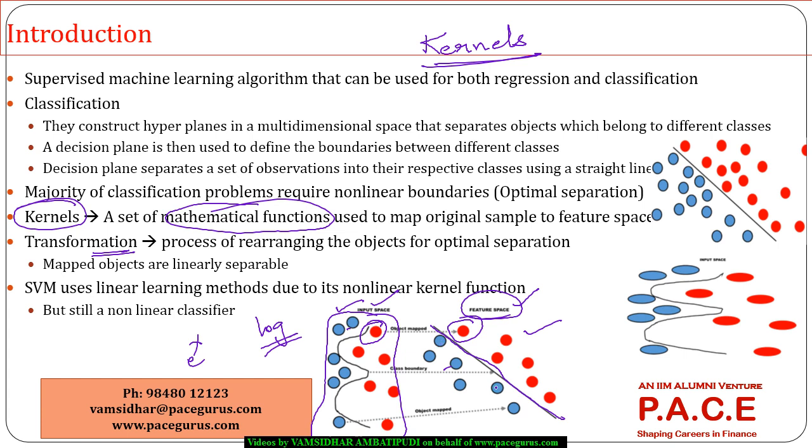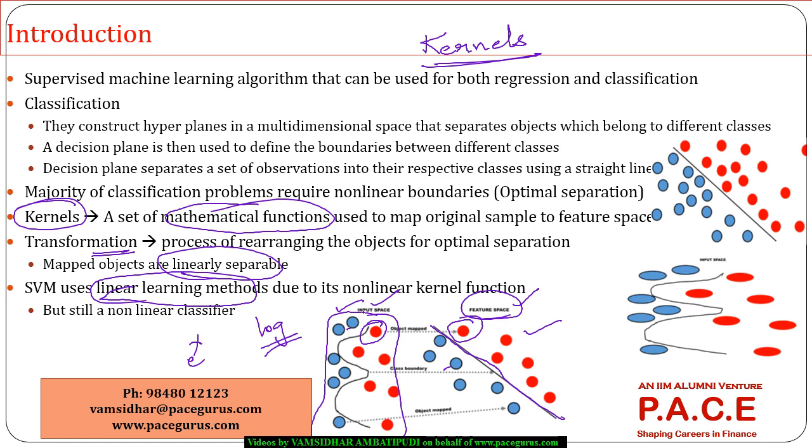But after they are transformed, I should see that the objects are majorly linearly separable. That is the major thing that goes into the support vector machine algorithms, right? So basically, it is using linear learning methods itself, because initially it has transformed the data, and once it has transformed, the learning typically becomes linear itself.